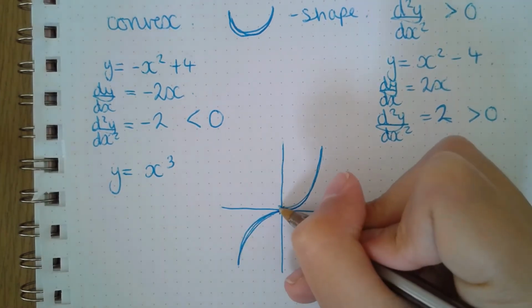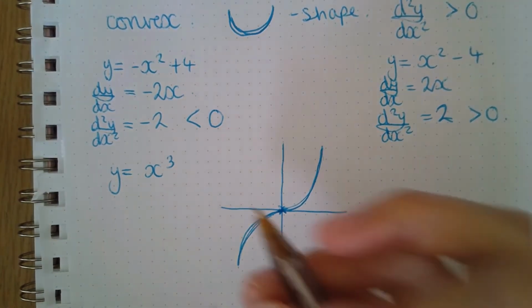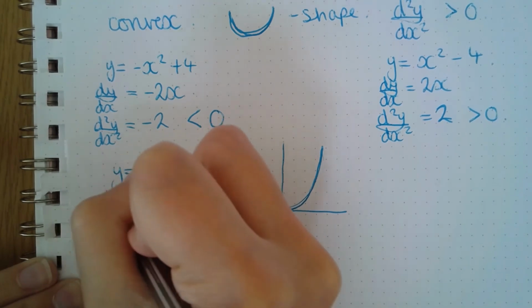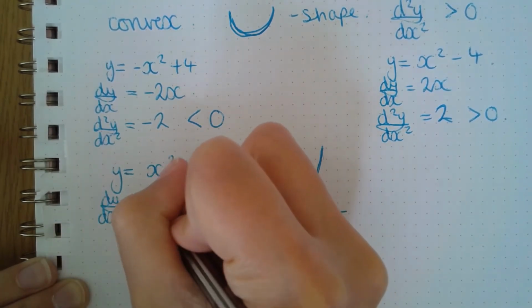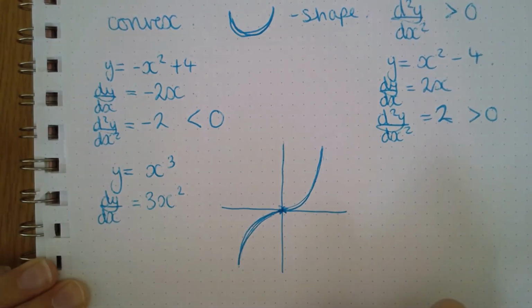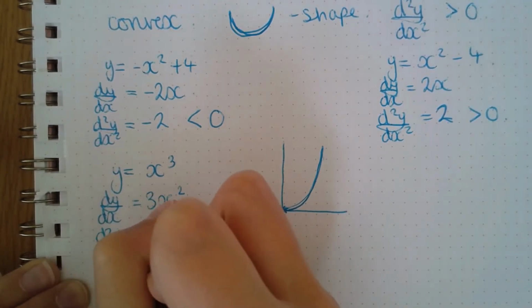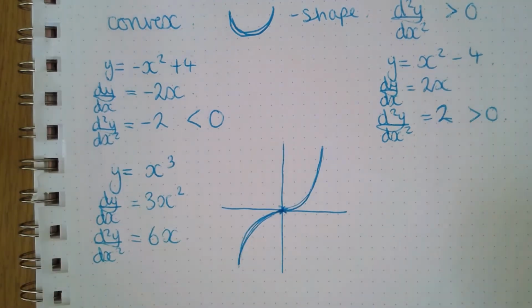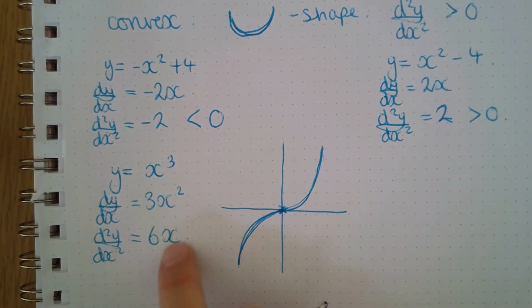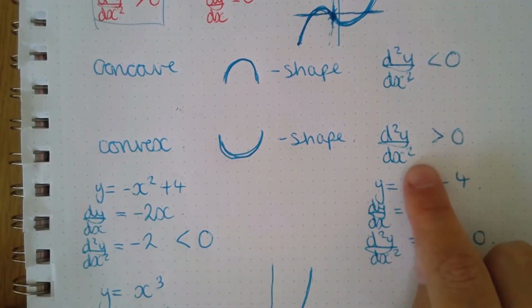We know that 0, 0 is an important point. My first differential is 3x squared. My second differential is 6x. So we want to find when that graph is concave and convex.